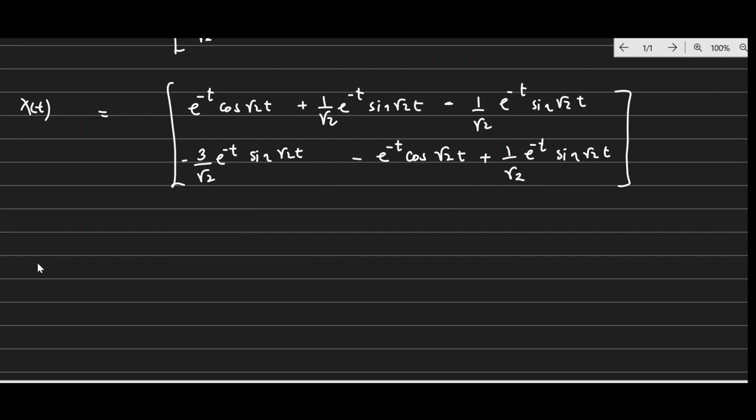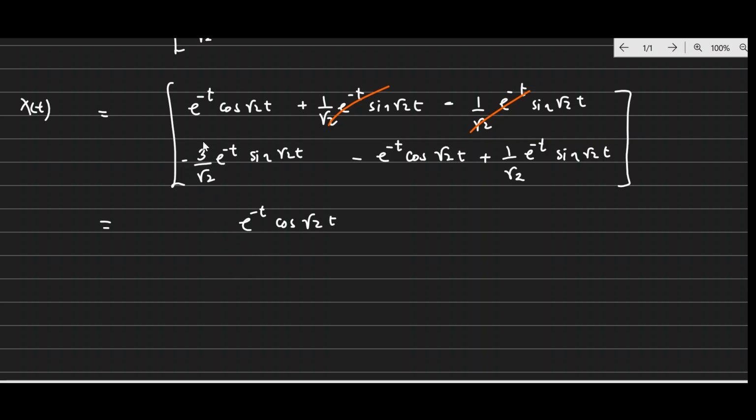Let's simplify this. When you simplify this, what do you get? This and that will cancel out, as you can see. So we have e to the power negative t cosine root 2t, and then here this and this will add up, right? So 1 over root 2 plus negative 3 over root 2 is negative 2 over root 2, or the same as negative root 2.